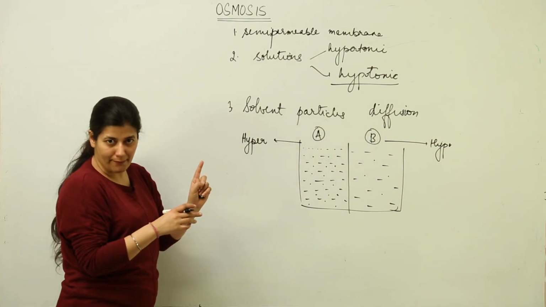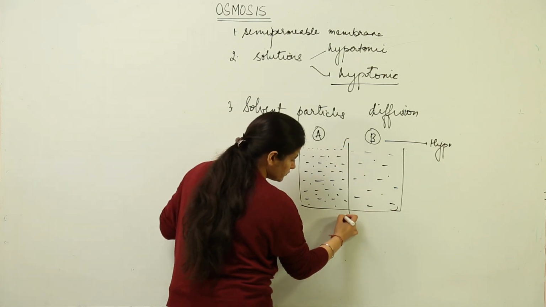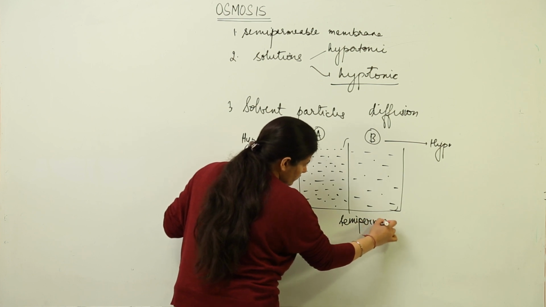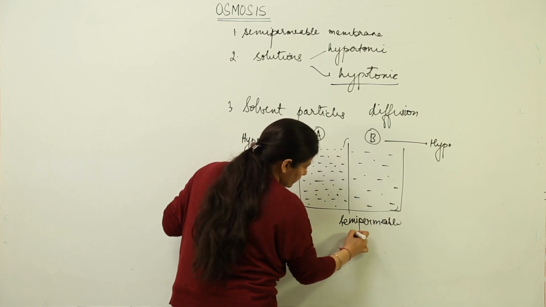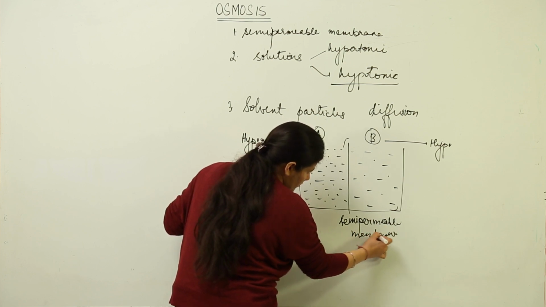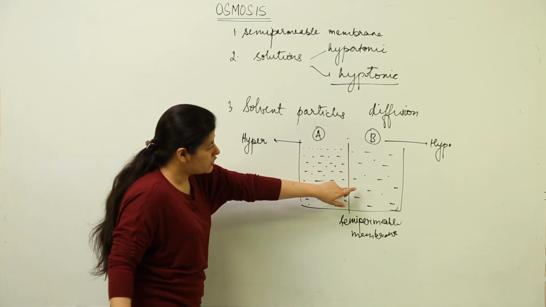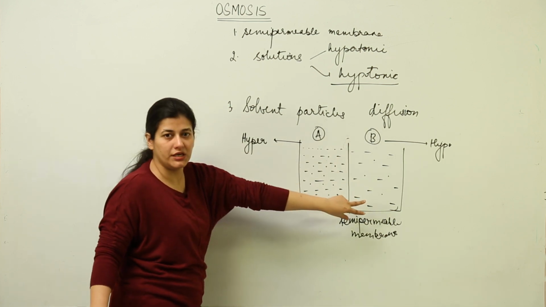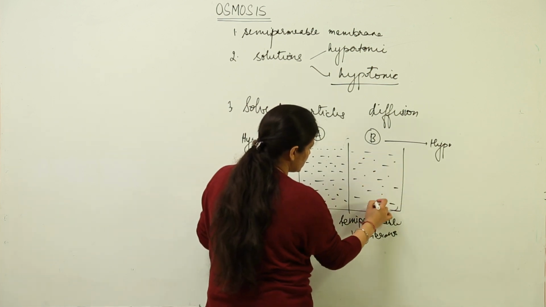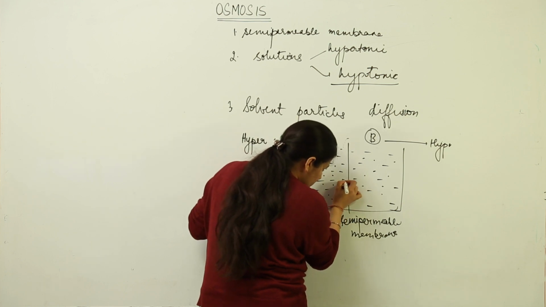So what will happen, this part is a semi-permeable membrane. You know what a semi-permeable membrane is, you know the examples as well. So we come to the main activity part. Now what will happen, the water which is in abundance over here comparatively to the quantity of solutes will diffuse from its higher concentration.